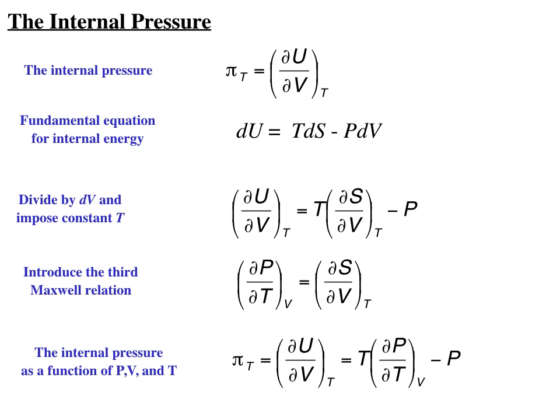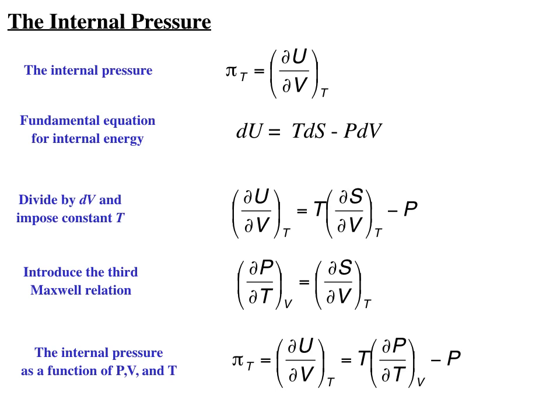Then I impose constant T, which makes it, instead of a dU/dV, a partial U, partial V. So again, all I did going from the second to the third line is divide both sides by dV. Then I imposed constant T, which changes it from dV into partial V.